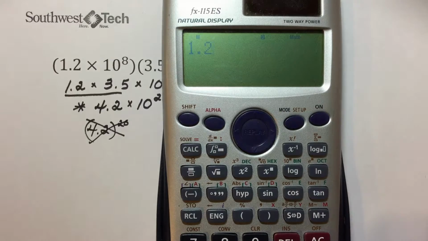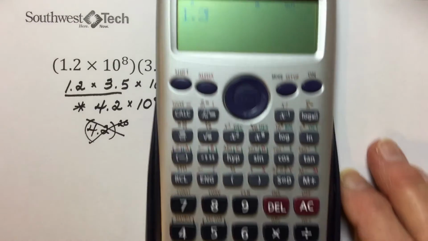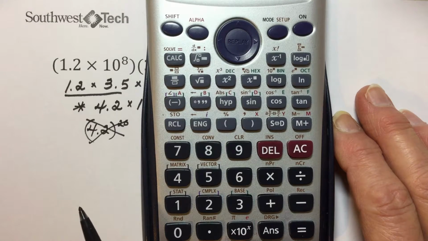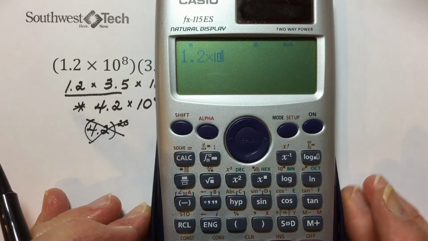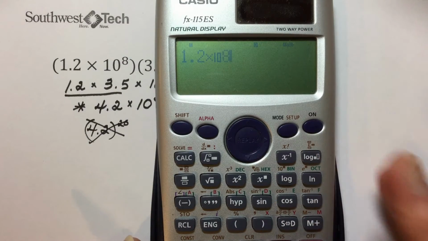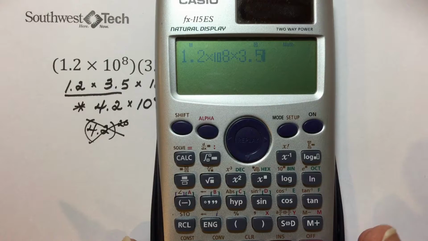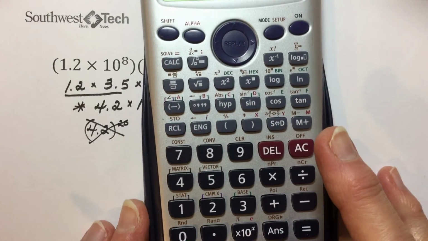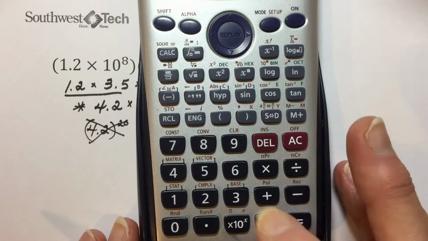1.2. I don't tap the times. I am simply tapping the scientific notation key after entering the 1.2, and here it displays the times 10 to the, so we put in our exponent, then we're multiplying that by 3.5, and again, no additional multiplication is required because that is part of this key.